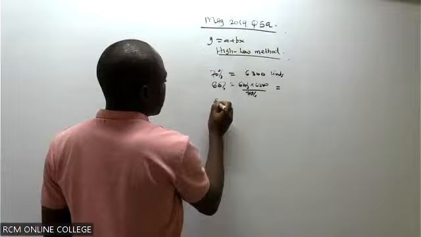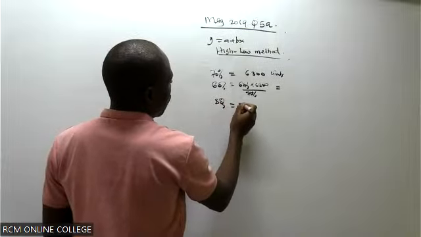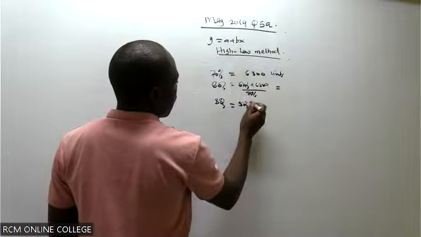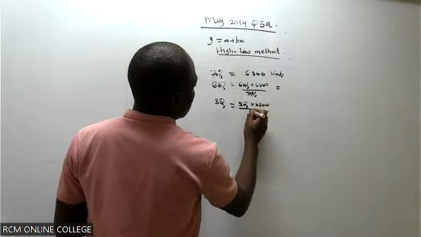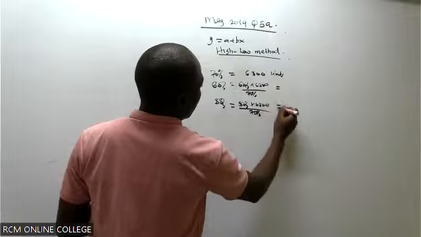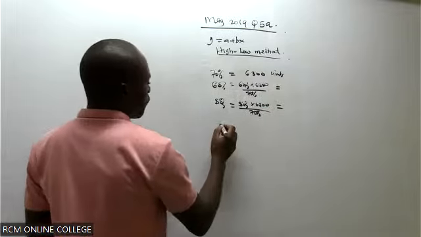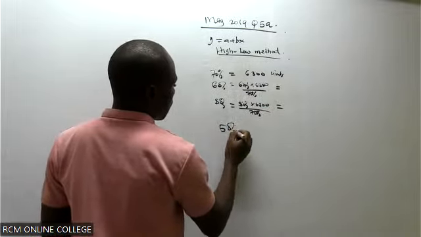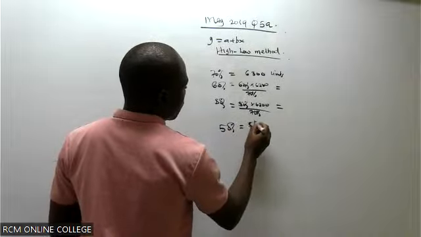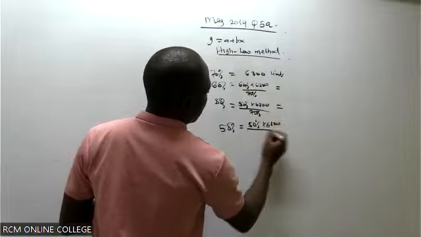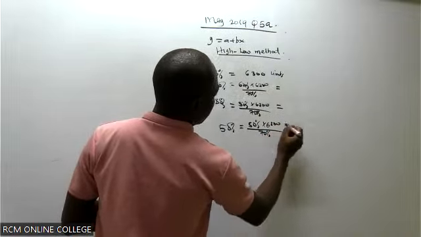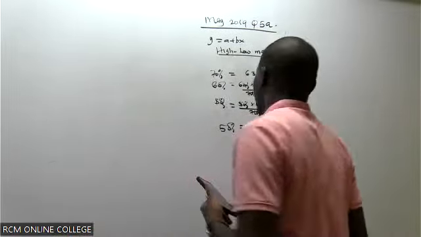At 80%, it will be 80% multiplied by 6,300, divided by 70%. And we have been told something about 50%, which we are supposed to prepare now. 50% will be 50% by 6,300, you divide by 70%.